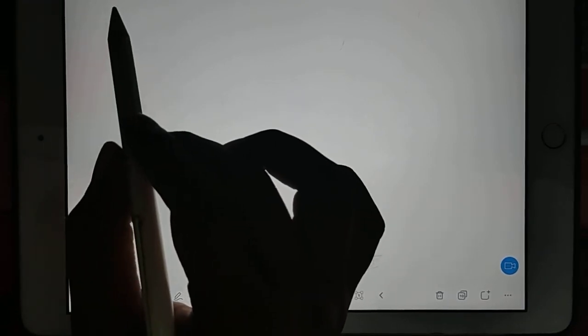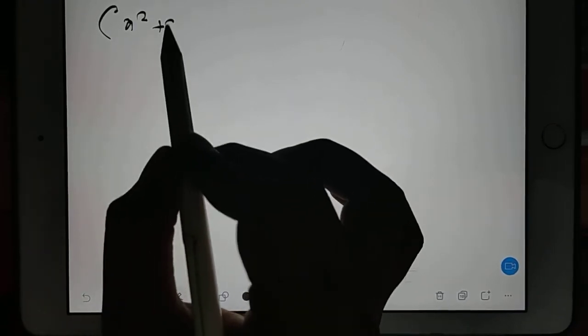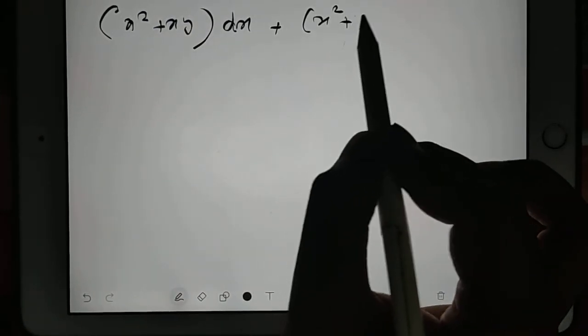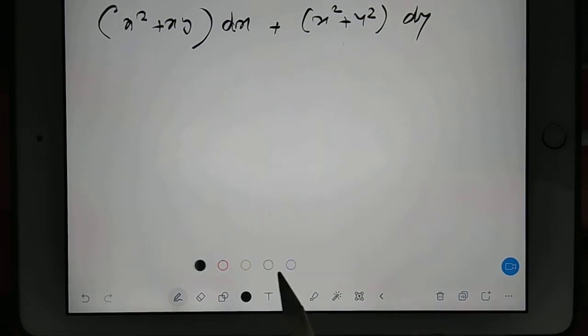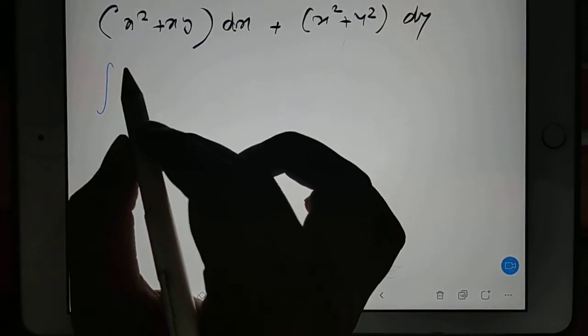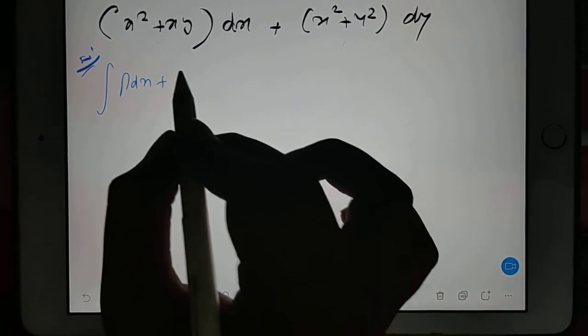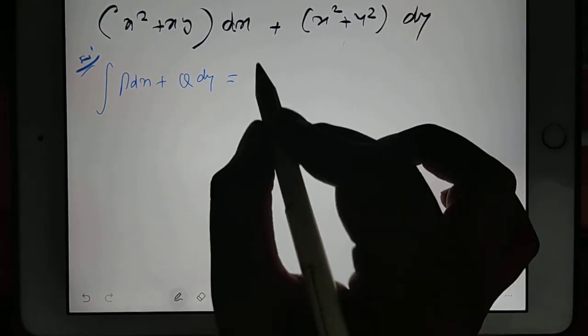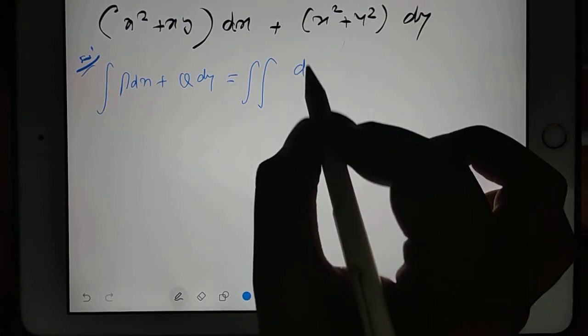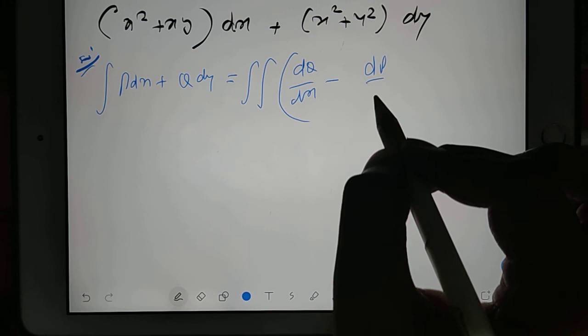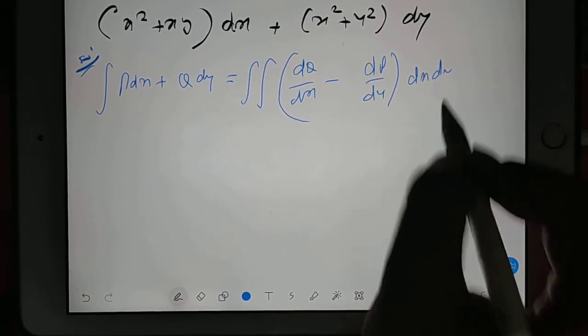I'll change the page. The given integration was x square plus y, dx, plus x square plus y square, dy. Green's theorem says, for p dx plus q dy, you write the double integration of dq by dx minus dp by dy, dx dy.